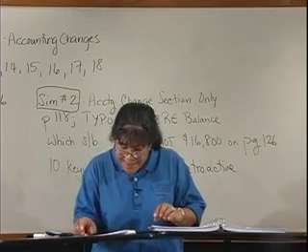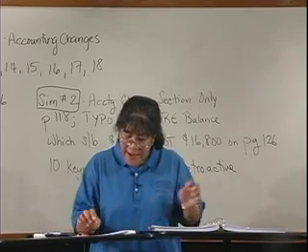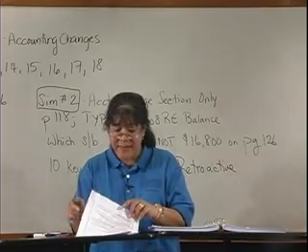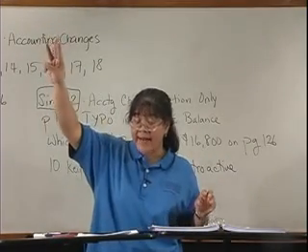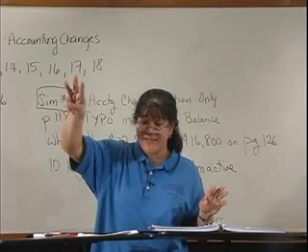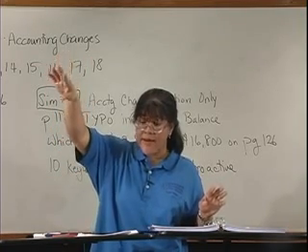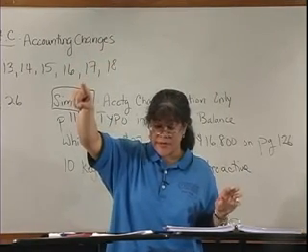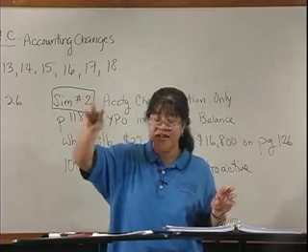Okay. All right, let's now move on to something that's a little bit easier, and that is the change in accounting estimate. Remember, back on my handout at the top of page 3, there's 3 kinds of accounting changes: change in accounting principle, which we just went over, changes in accounting estimate, and changes in reporting entity.